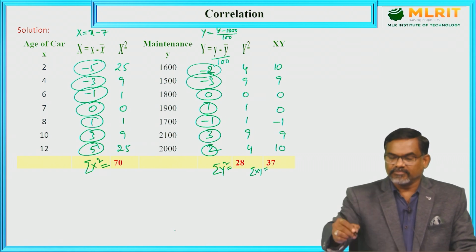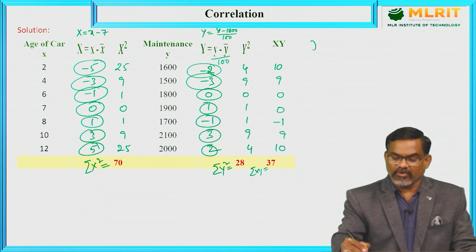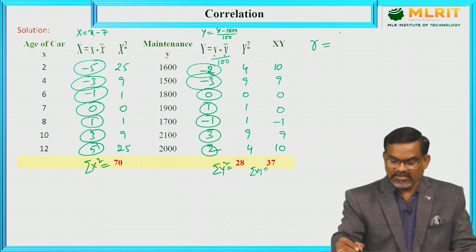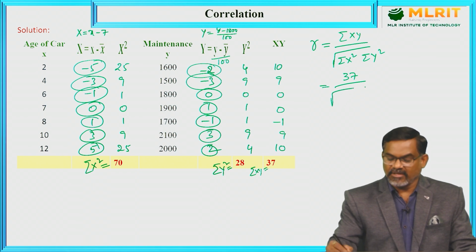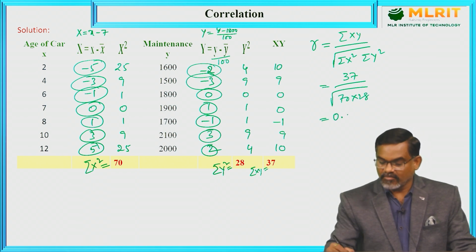Using Karl Pearson's coefficient of correlation, R is sigma capital X into capital Y by square root of sigma x square into sigma y square. Let us substitute these values. Sigma capital XY is 37 by under root 70 into 28, which results as 0.836.